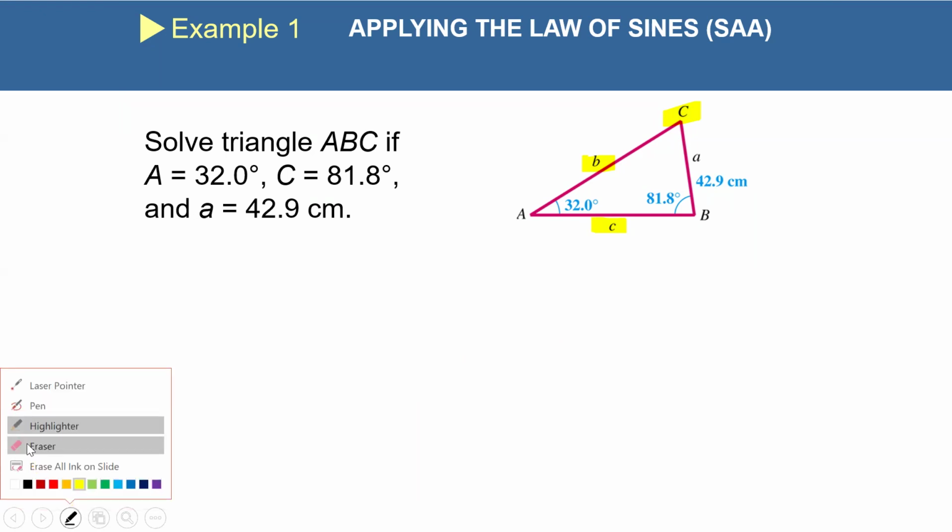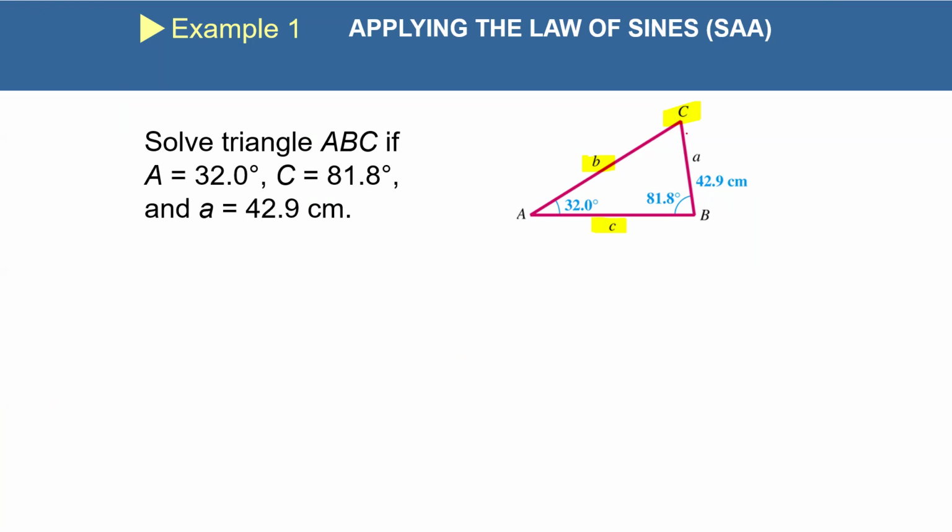I messed up. I mislabeled my triangle. What should I do? Should I just make this into a B? Yeah. Oh, that was easy. It was just a typo. I'm like, wait. Oh, no. So yes, B equals 81.